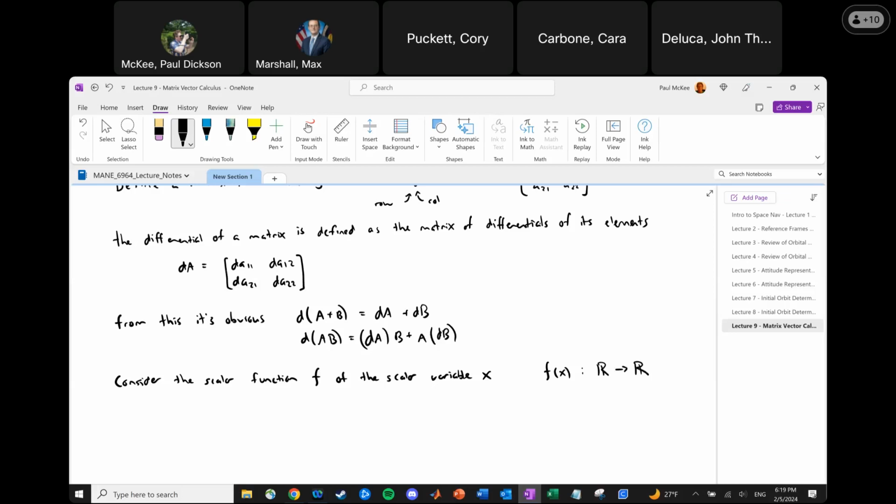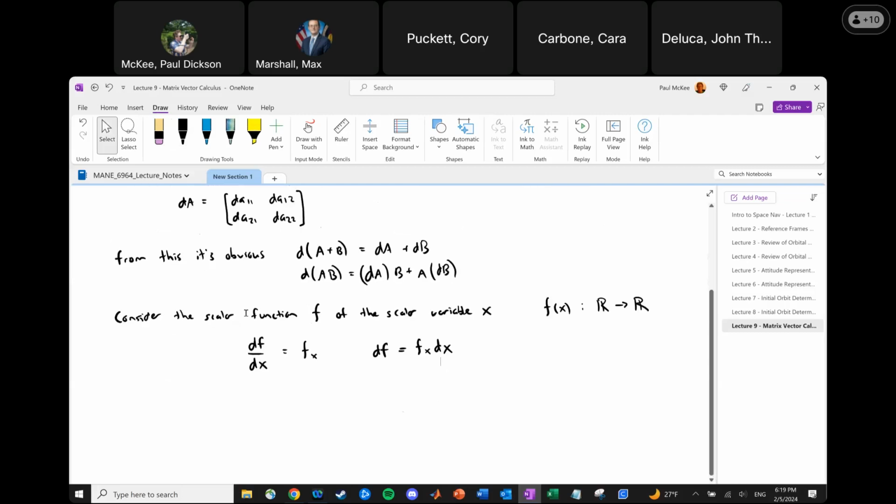So f of x is some function that takes a real number in and gives you a real number out. That's kind of the fancy way of saying that, right? Then the derivative of f with respect to x, we're going to write that as f sub x. Or if we rewrite this a little bit, we would say the differential of f is f sub x times the differential of x. Same equation, just written out this way. All right. Still with me?